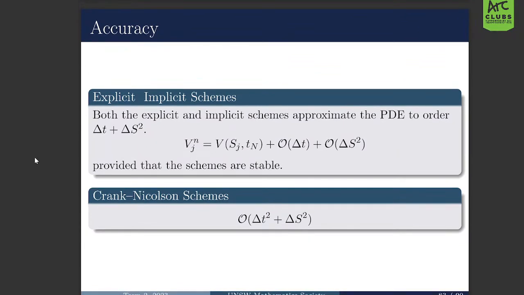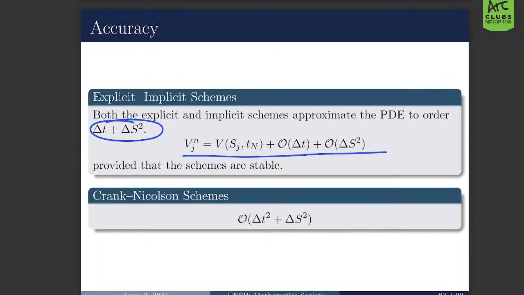We see over here that the accuracy of the explicit and implicit schemes is the same, and Crank-Nicolson improves on the accuracy of the scheme. The order of approximation is over here, and this is an equation I just copied from the lecture slides that gives you the order and accuracy of the schemes.